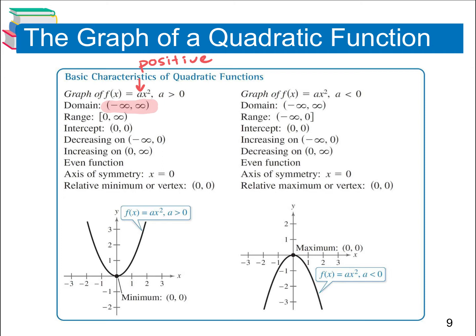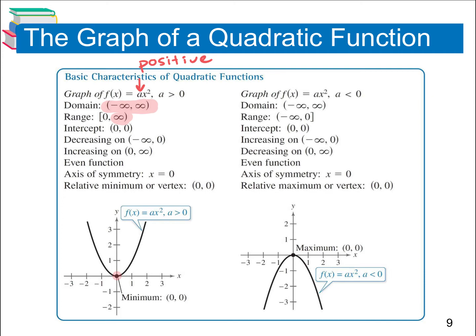The range can vary depending on whether we have a shift or not. It starts at whatever our vertex value is, that y in our vertex. If it opens up, it goes to infinity. If it opens down, it starts at negative infinity.